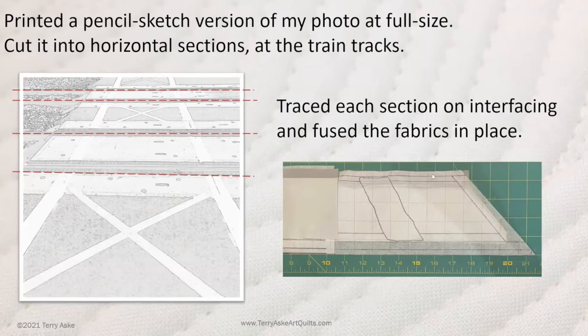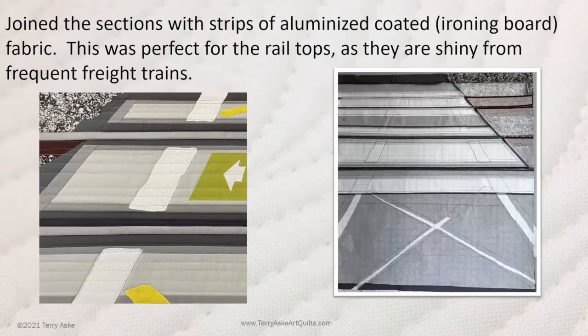I traced each section onto interfacing and fused the fabrics in place. And once I had all my sections done, I joined them. And what I used for the railroad tracks is ironing board fabric, aluminized coated fabric, a little bit shiny, and I thought it was perfect for the rail tops.